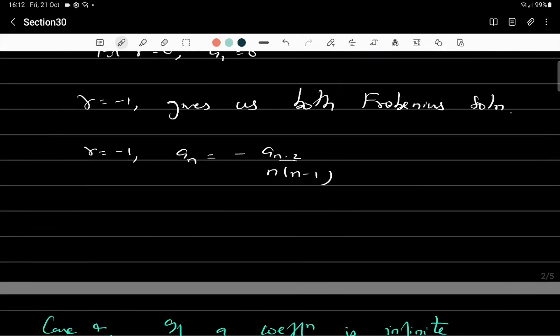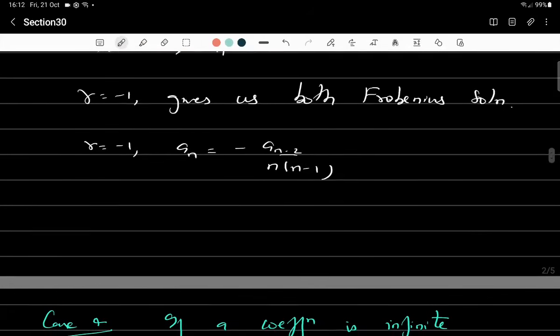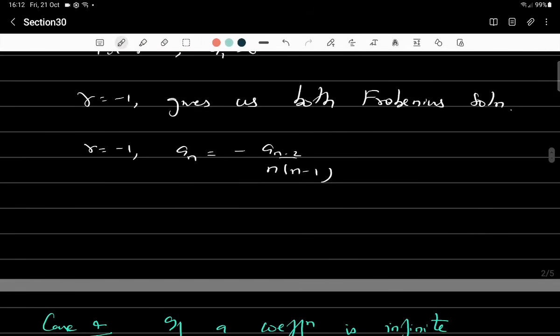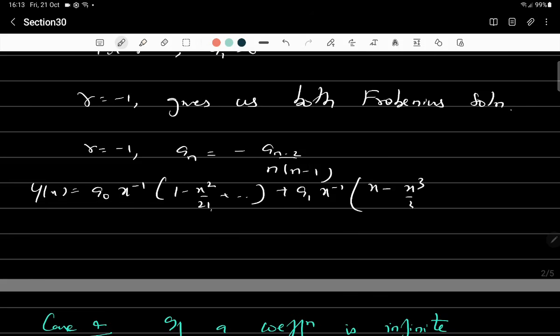If you substitute the values and try by yourself, you will see that you get the solution in terms of a0 and a1. So you will get y of x as a0 and r is minus 1, so x raised to power minus 1, (1 minus x square by 2 factorial and so on), and then a1 x raised to the power minus 1, (x minus x cube by 3 factorial and so on).